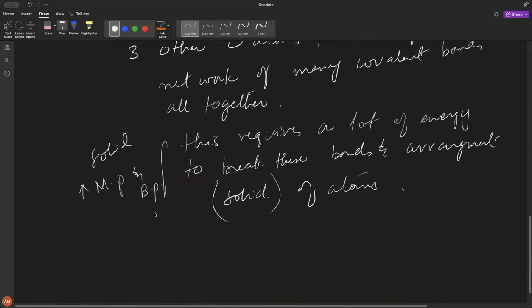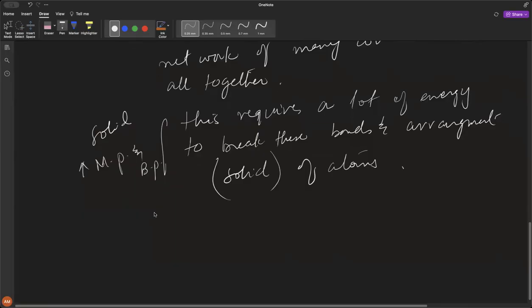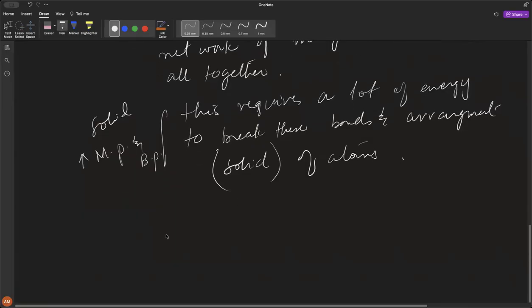All right. Graphite is soft at the same time. It is soft and slippery. Slippery.